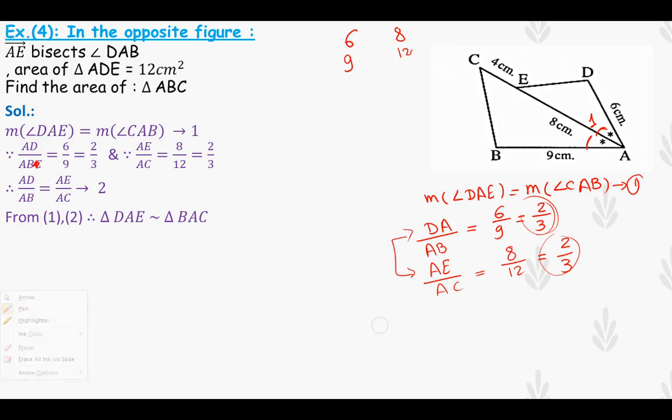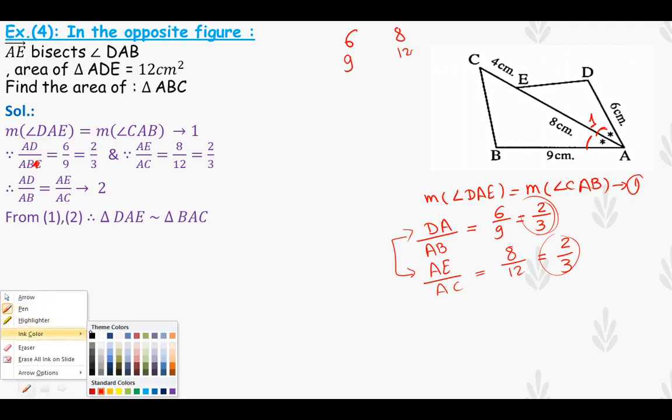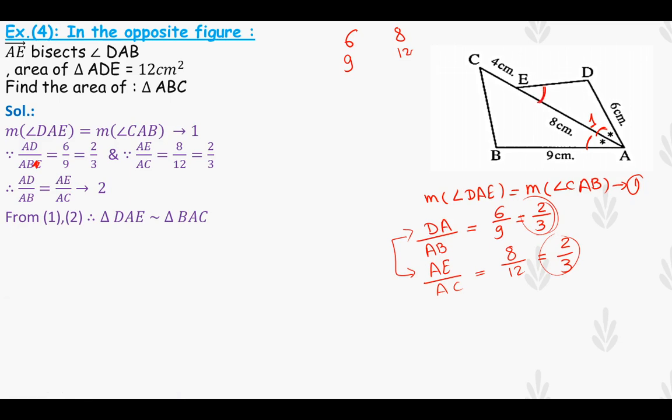Here we know that DA, the two letters DA, the side is DA. What is the corresponding angle? The corresponding angle here is E. And what about AB? The side length AB corresponds to angle C.